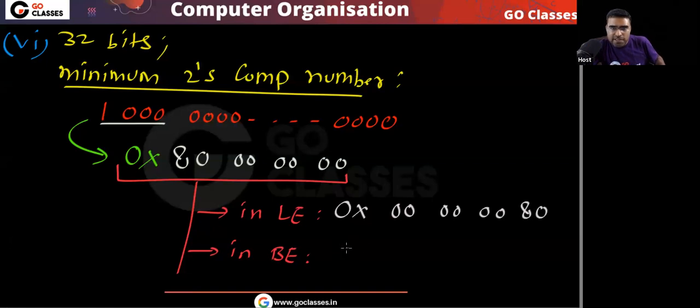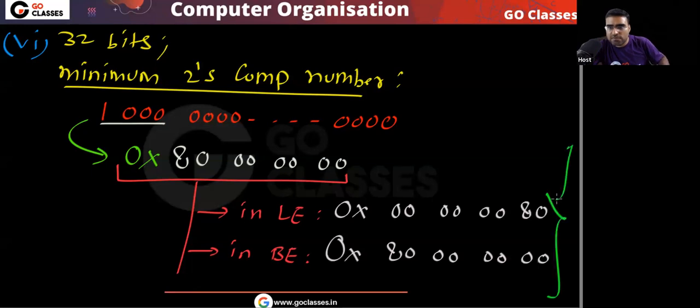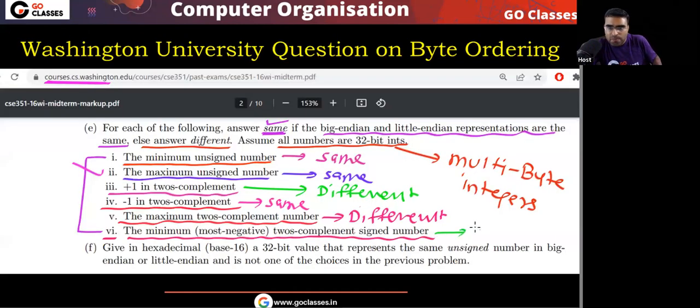In the big endian system, you will start with the big end. Are they the same? They are not the same. They are different. So for this question, the answer will be different.